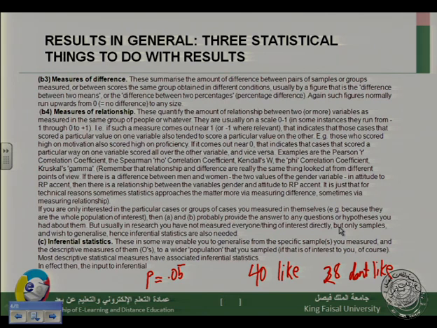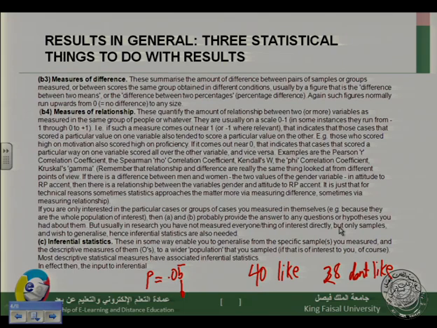How do we get this number? By computer. There are special programs, special software to calculate the differences. We enter the numbers, click enter, and you get this number. If you get this number or less than this number, then it is called in research a significant difference. And this is what we are looking for in research.